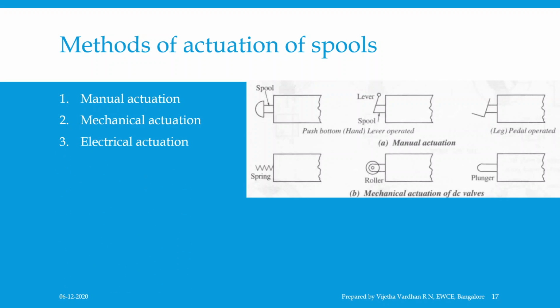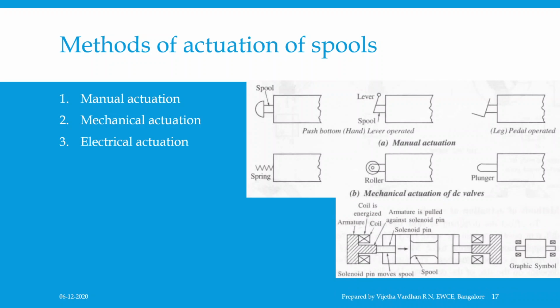Then coming to electrical actuation, the most common type of actuation of spools in direction control valves is by using electrical power through a solenoid. The electrical power may be direct current or alternating current. The solenoid, after receiving an electrical signal, actuates the valve either for closing or opening a flow path.